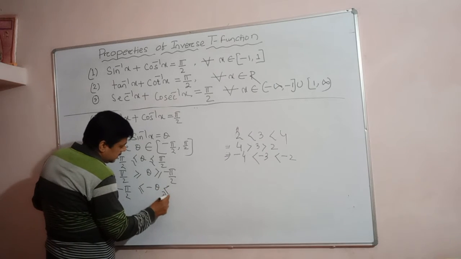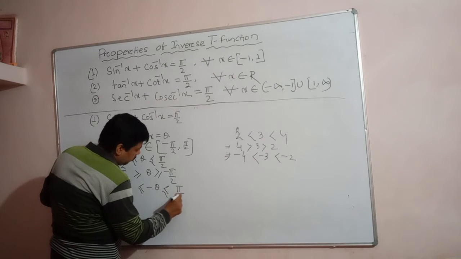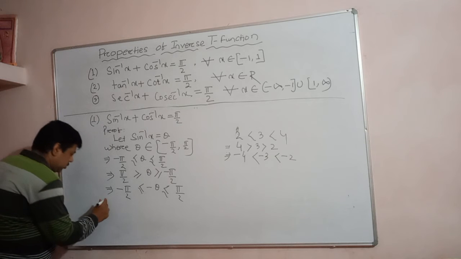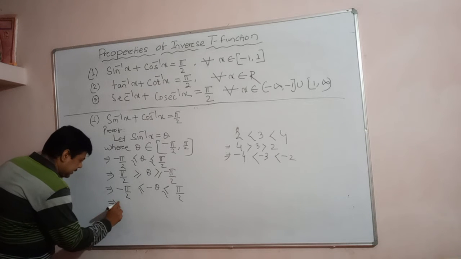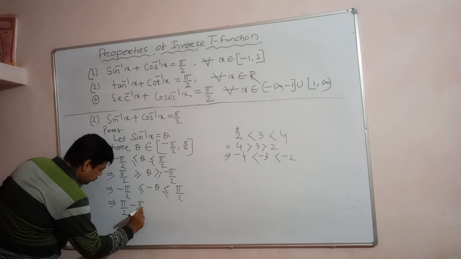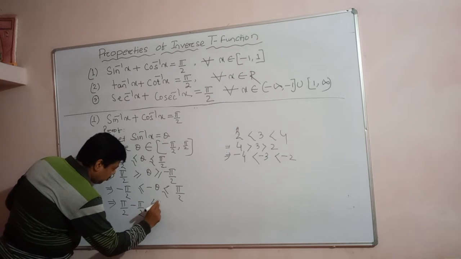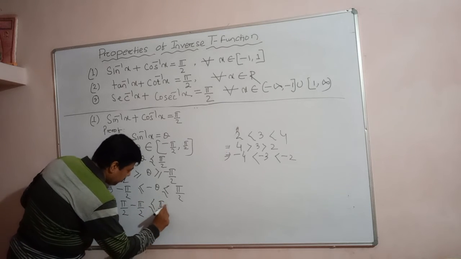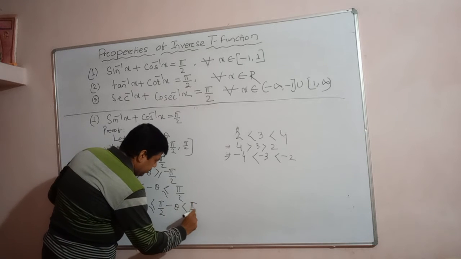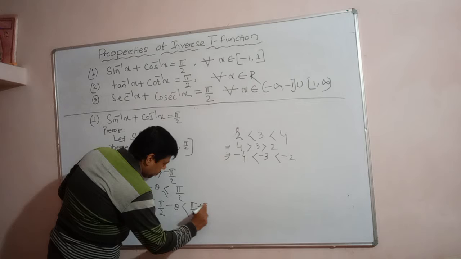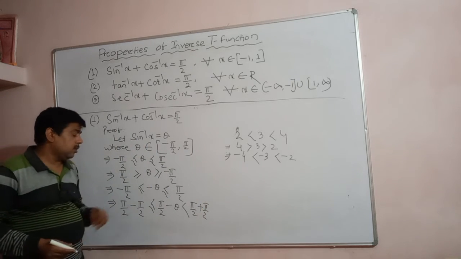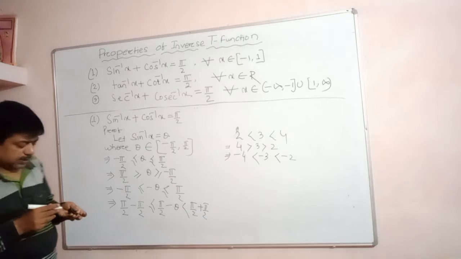Similarly, less than or equal to pi by 2, plus pi by 2. That implies pi by 2 minus pi by 2 is less than or equal to pi by 2 minus theta, which is less than or equal to pi by 2 plus pi by 2. Here pi by 2 has been added to the given inequality.